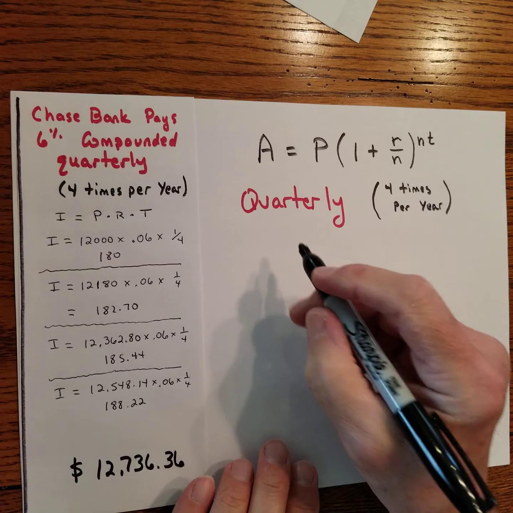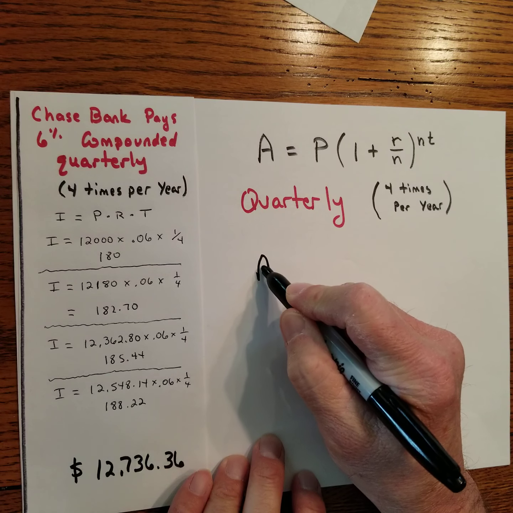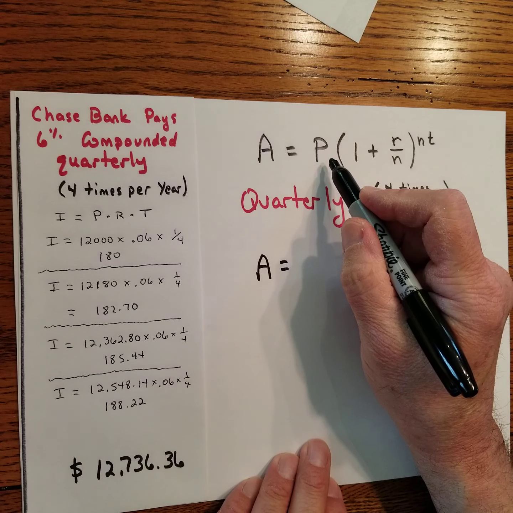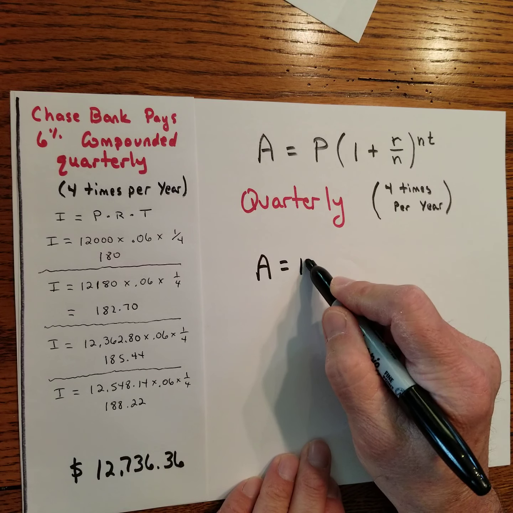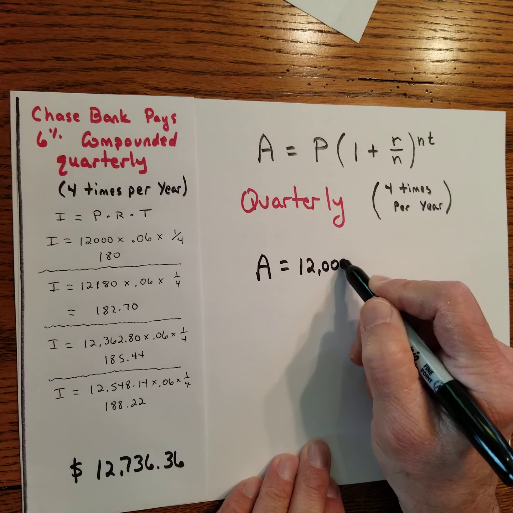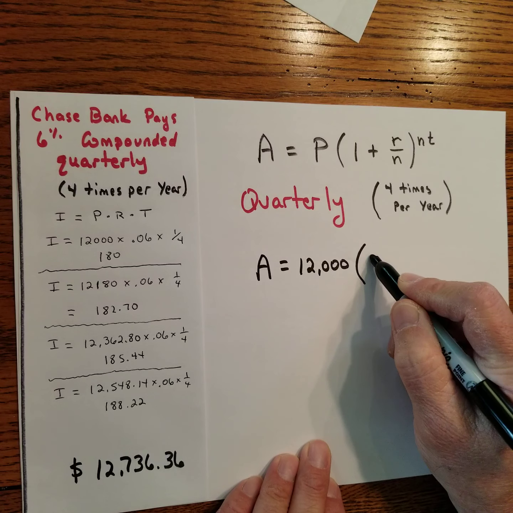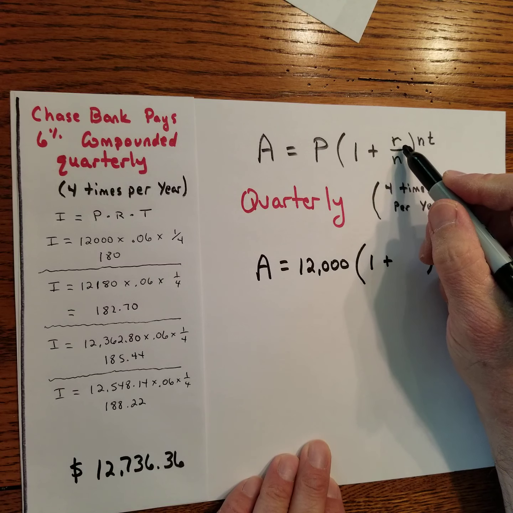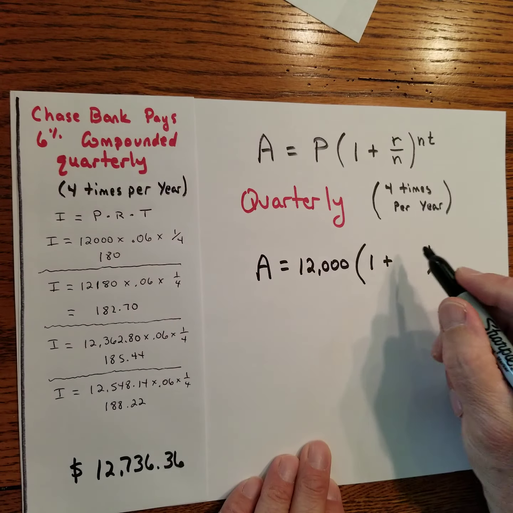Here's how it works. A is the amount of money we'll have at the end of the year. P is our principal. Well, we invested $12,000. Copy the 1, copy the plus. R stands for rate. The interest rate was 6%.